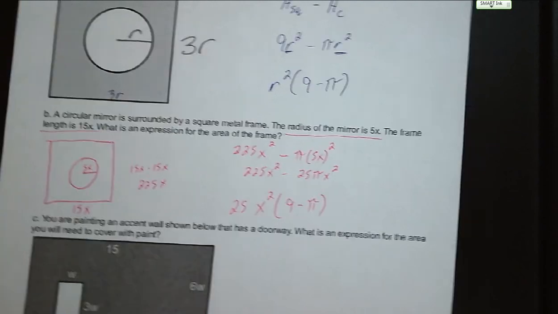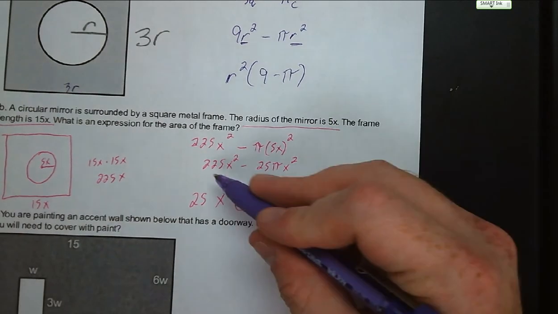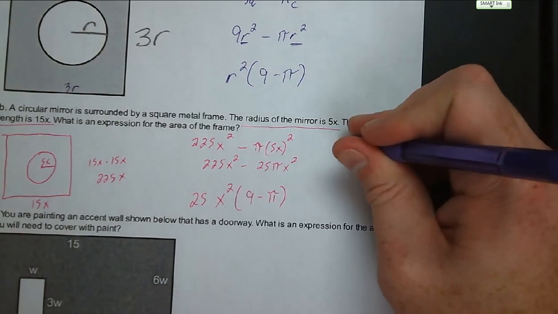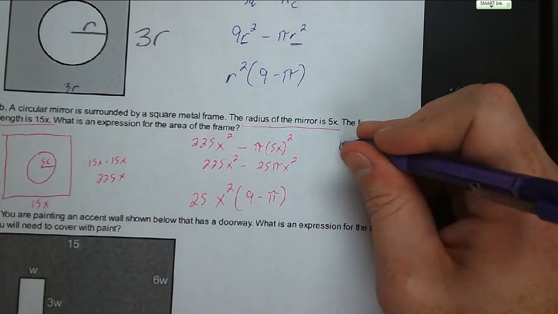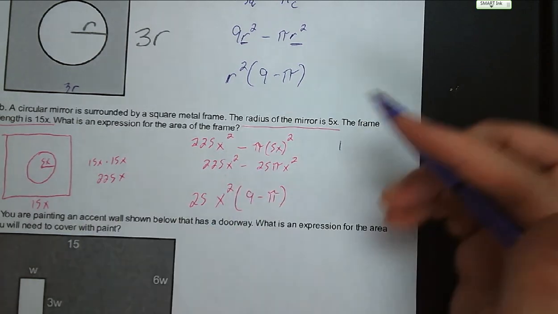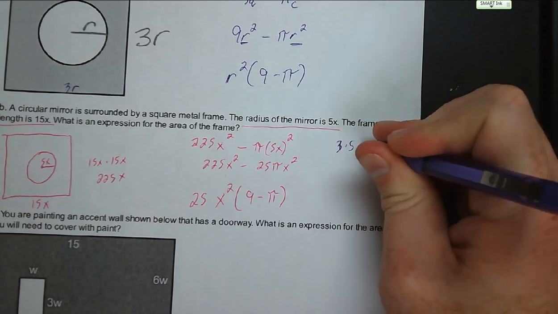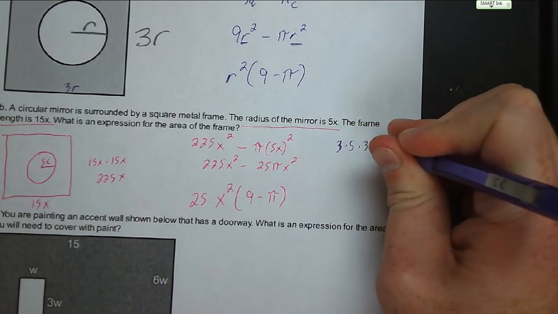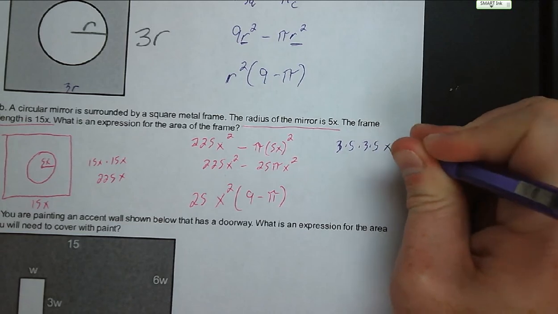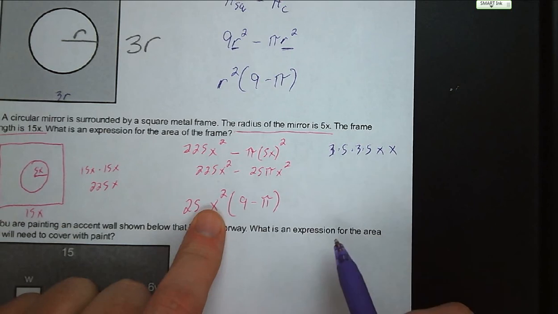So if we were to do what we did before with our factoring, instead of putting 225 and x squared, I'm going to just break these factors apart. So 15 would be 3 times 5, times 3 times 5, x. That would be 15x times 15x.